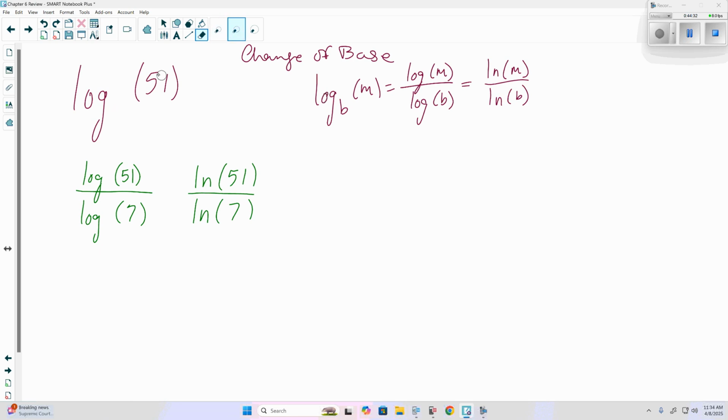Doesn't matter what it is. Log base 15 of 9/16.